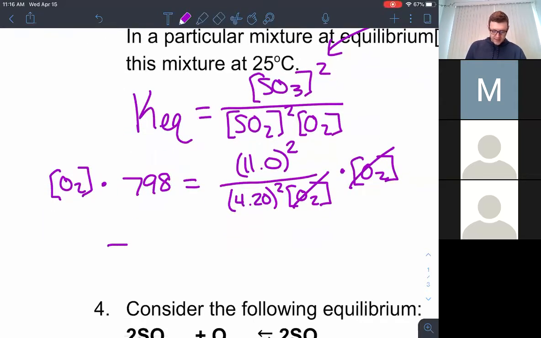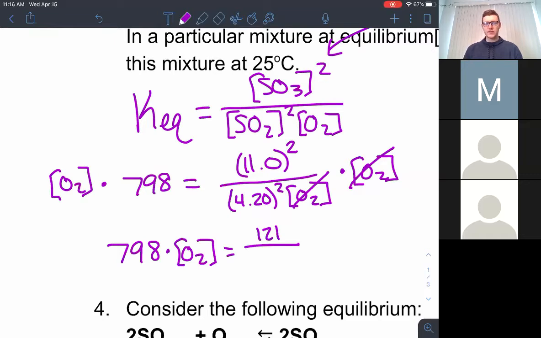So now we have 798 times the concentration of oxygen on one side. And then we can do 11 squared. What's 11 squared? 121. 121 divided by 4.20 squared.